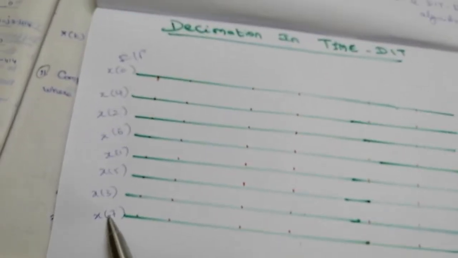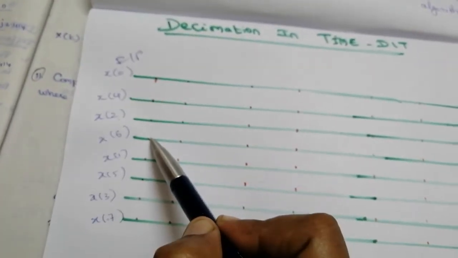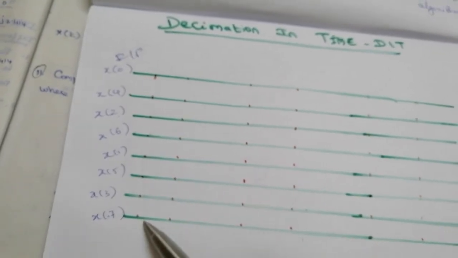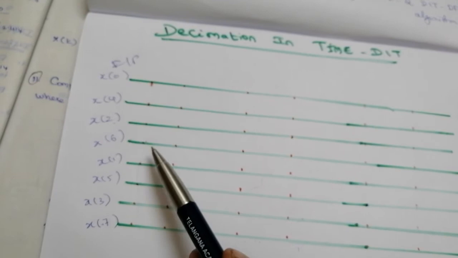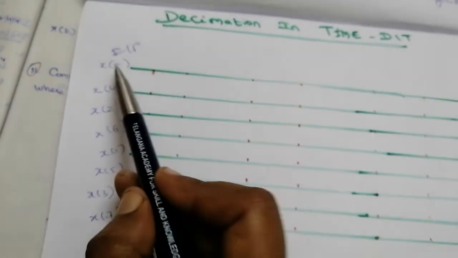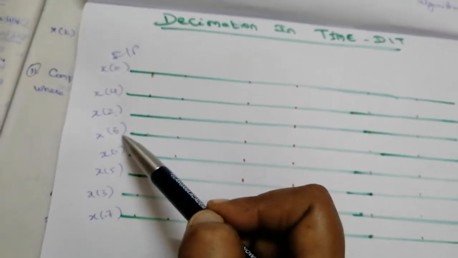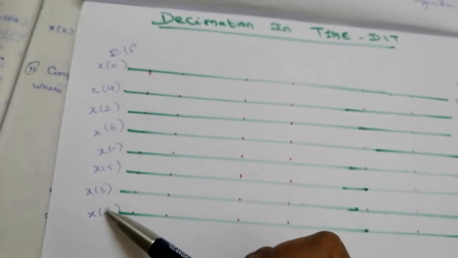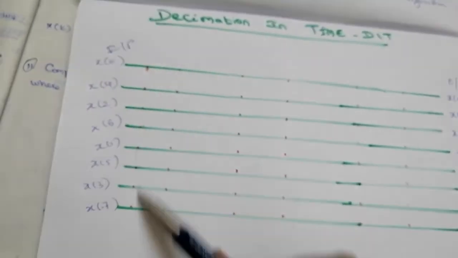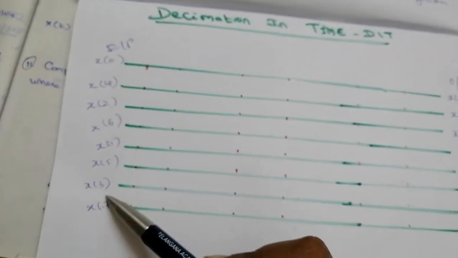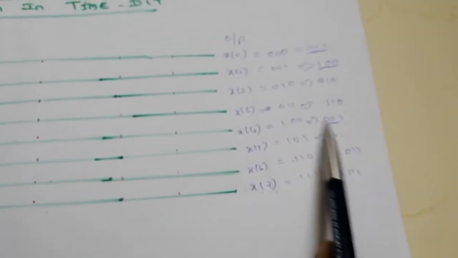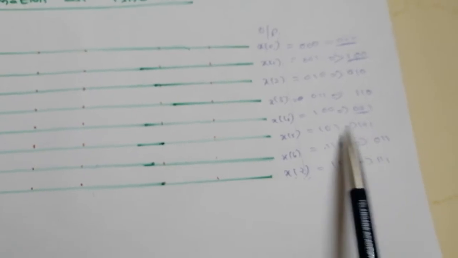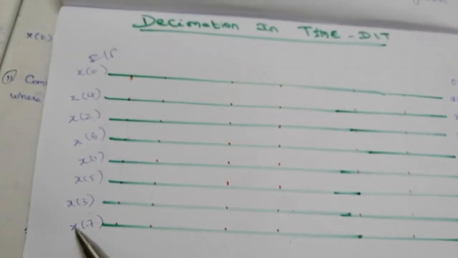So we can simply remember that the first 4 lines are even lines and the next 4 lines are odd lines. Even lines means 0 4 2 6, odd lines means 1 5 3 7. You can simply remember this logic. No need to write this bit reversal in every problem. This is for your understanding purpose, why it becomes this order.